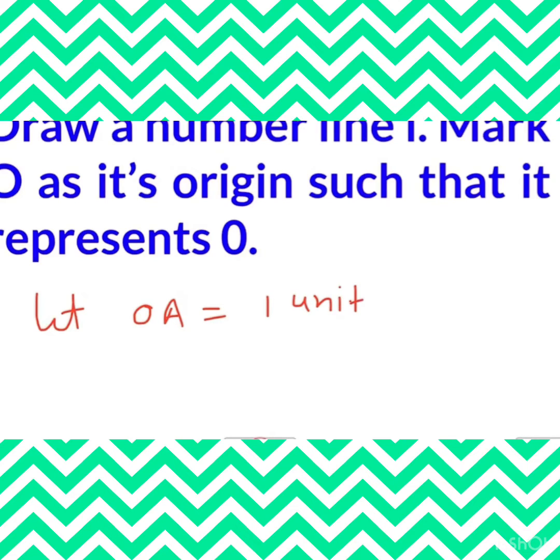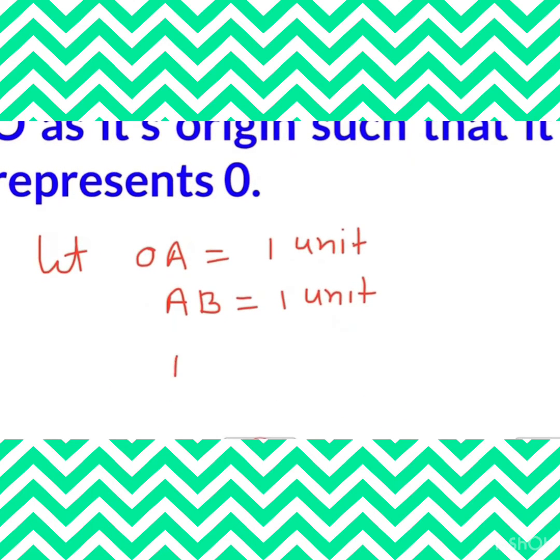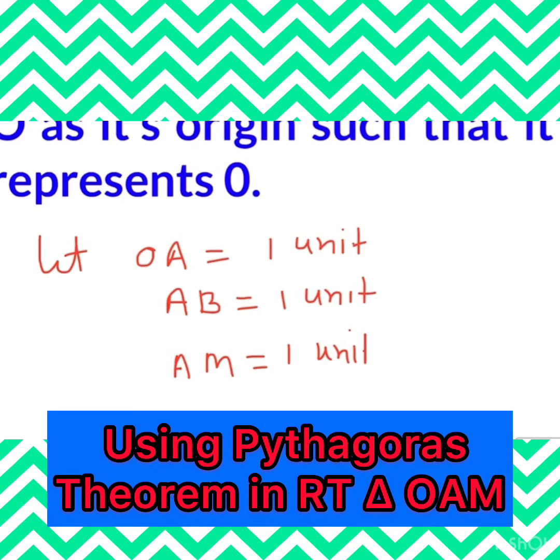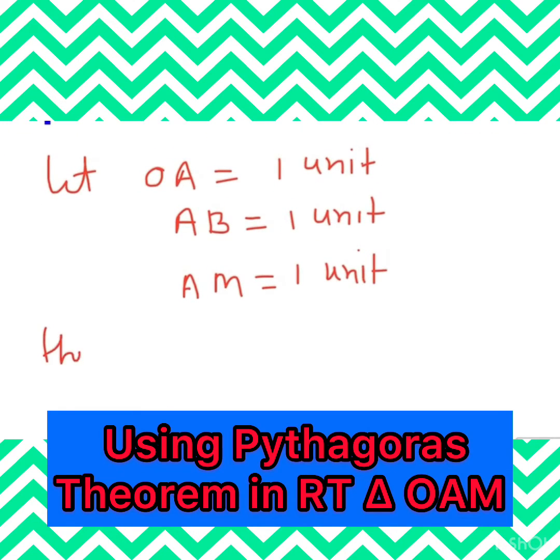let OA equal to 1 unit, then AB equal to also 1 unit because this is equal, and AM is also 1 unit, which you mark an arc with this equal distance, then by Pythagoras theorem.